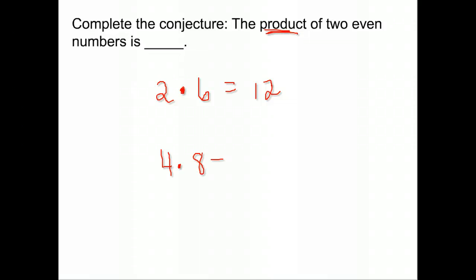No. Here's another pair of even numbers. 4 and 8, they're both even. 4 times 8 gives me 32. You're right, 32. But notice I can't use that the product of two even numbers is 32 because it's not always going to be 32.